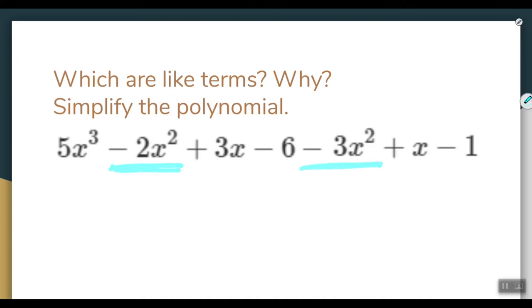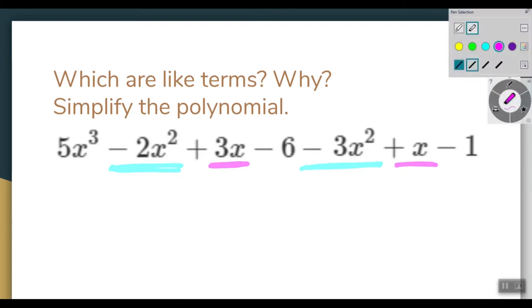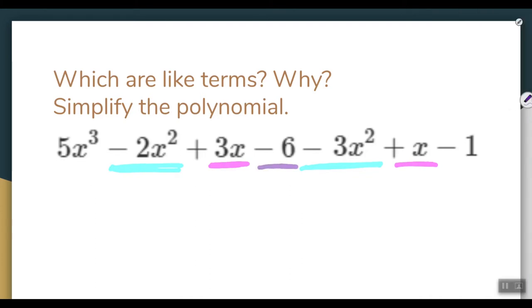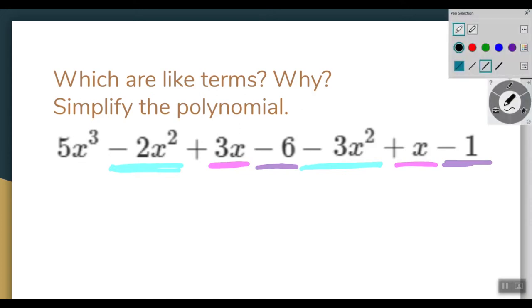I'm thinking about the whole thing as a -2x squared and a -3x squared. All right, 3x has a like term with x here. And then I have -6, a like term with the -1. Okay, so let's combine like terms, combine the ones that are the same.